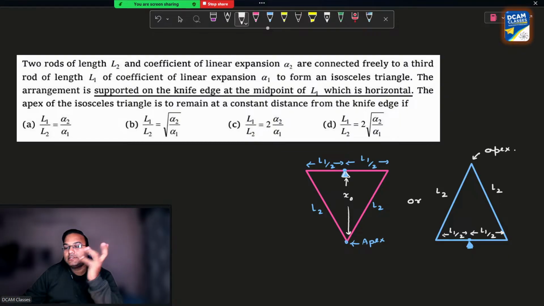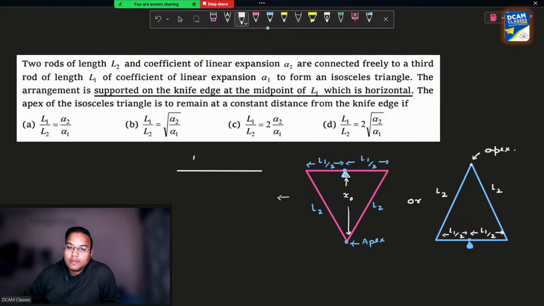When I raise the temperature, after raising the temperature also the distance between this apex and the knife edge will remain the same. Means when the system has become like this, L1 dash, which is L1 into 1 plus alpha 1 delta t.